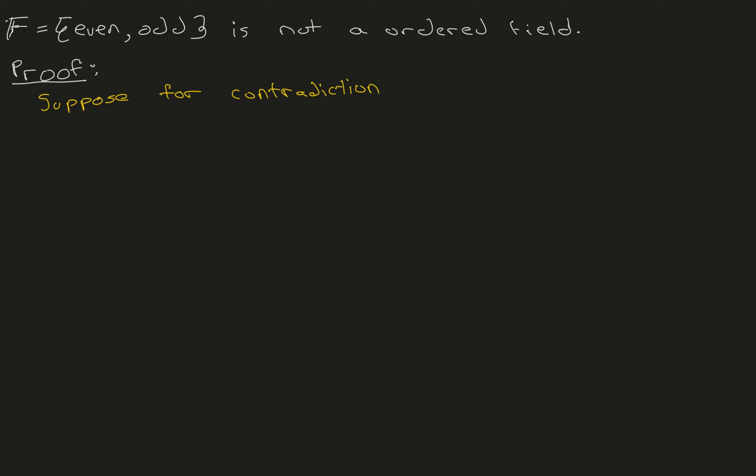Since we're assuming the opposite, we hope that something odd, strange, or contradicting ends up happening. That's how a proof by contradiction basically works. So suppose for contradiction the even odd field is an ordered field.